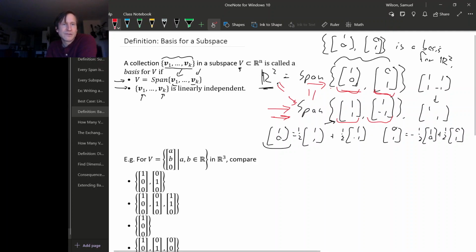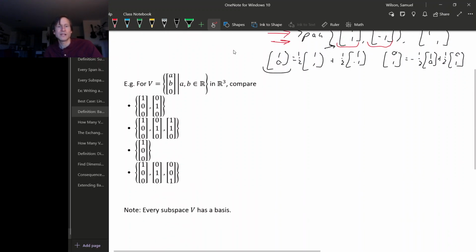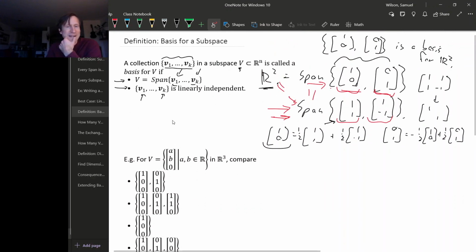All right, so let's look at some other examples of bases for subspaces. So let's look at this subspace: the collection of all vectors (a, b, 0), where a and b are scalars. And let's ask which of these collections is a basis.